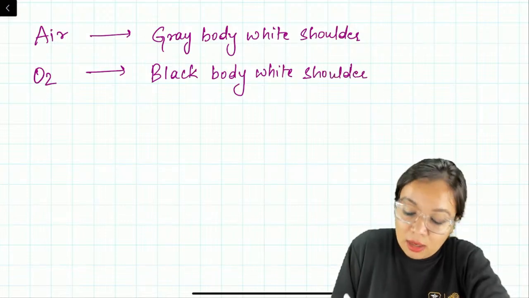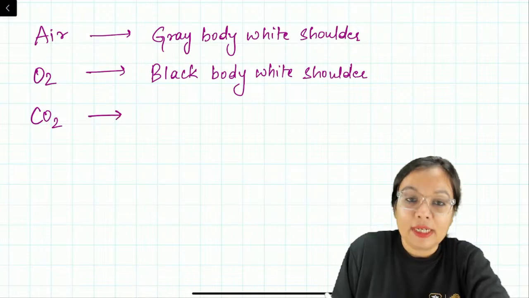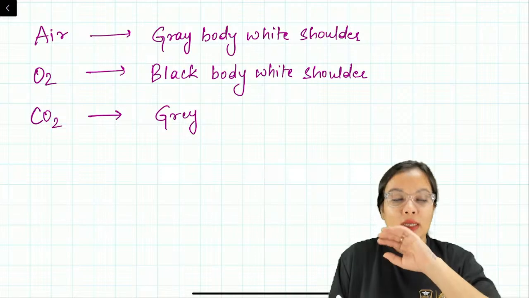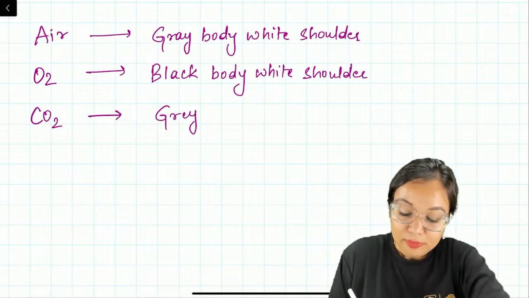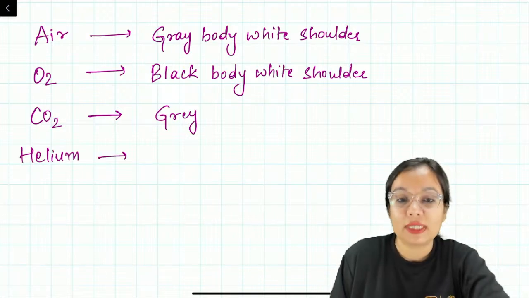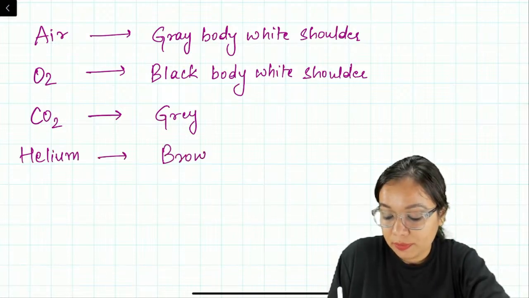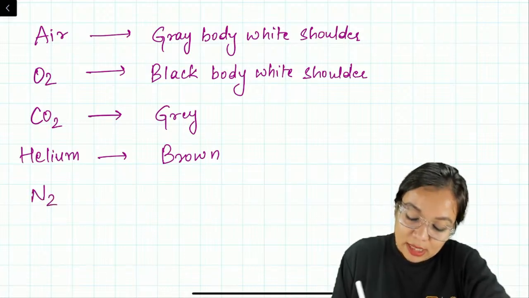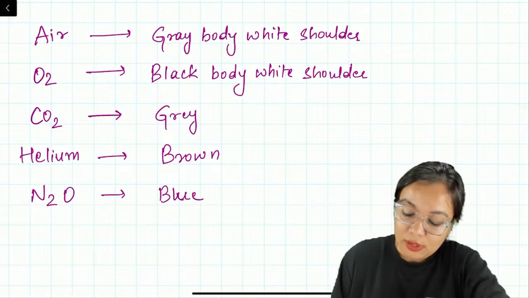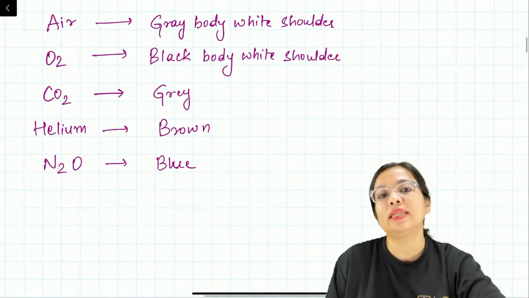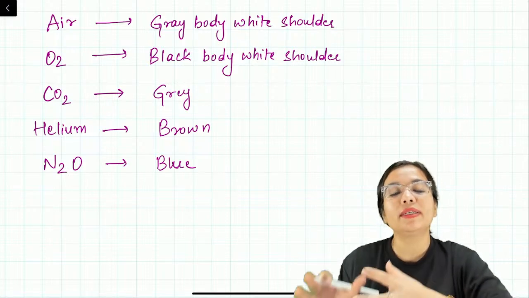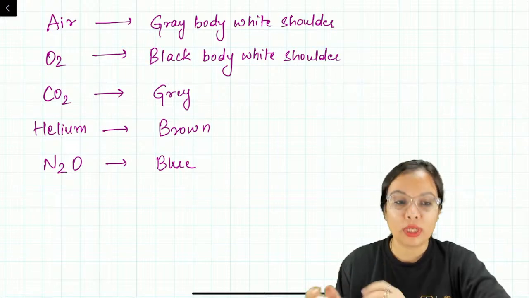If there is carbon dioxide in a cylinder, then it is going to be grey in color. If there is helium in a cylinder, then the color of the cylinder is going to be brown. If there is nitrous oxide, then the cylinder is going to be blue. We've read nitrous oxide gas in case of inhalational sedation, conscious sedation, so the cylinder that contains nitrous oxide is blue in color.